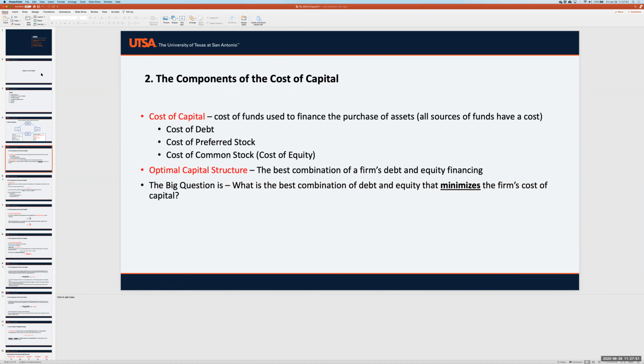So cost of capital is the cost of funds used to finance the purchase of assets. So what assets can a corporation purchase?